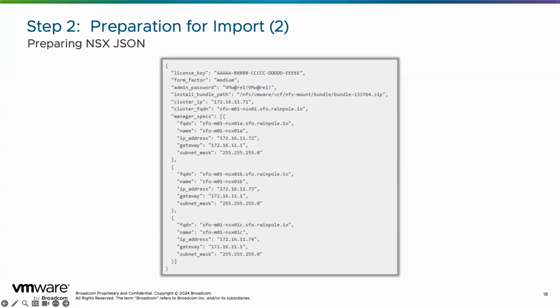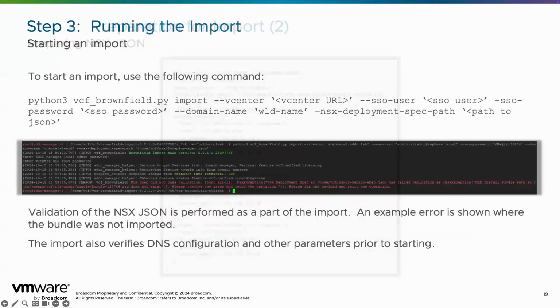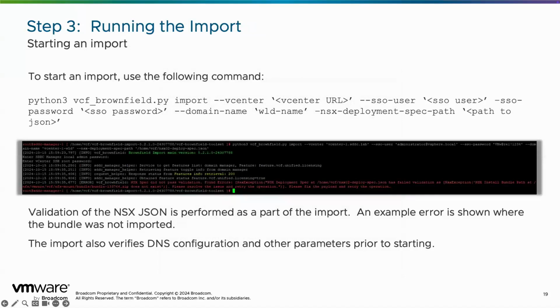Now, finally, before we actually jump into the demo of this, this is how you would run the import. Because we're deploying NSX as a part of the import process, when we actually run the VCF import feature here, and you can see the tag is switched to import, we specify the NSX path. It actually does all the pre-checking for NSX right as a part of the actual import process.